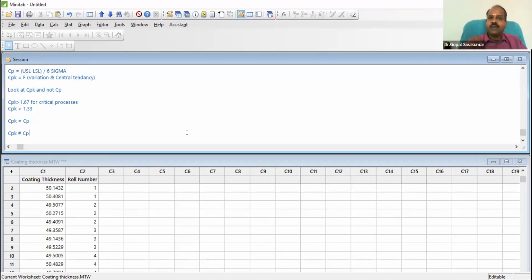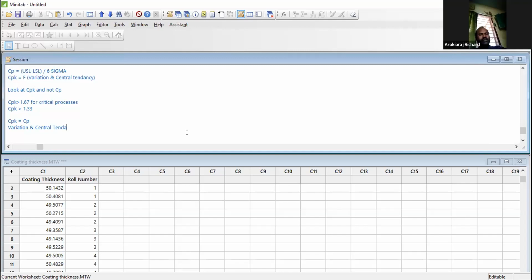Whenever CPK shows the process is going wrong, see here, when CPK is equal to CP, both variation and central tendency are near to the median, meaning the process is going well and our CPK is good.